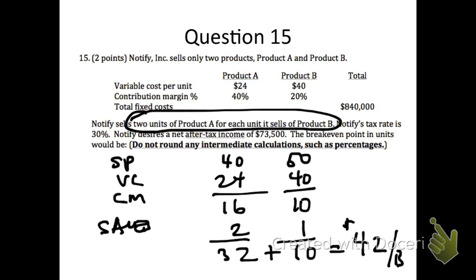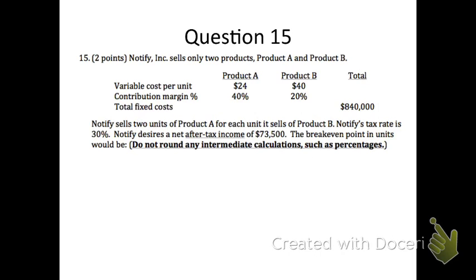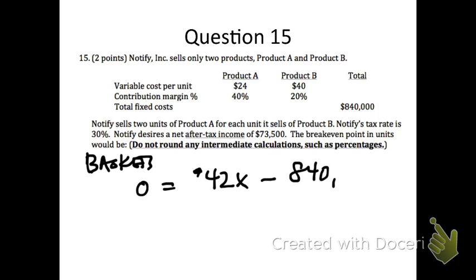Again, that's per basket. And so for baskets, we go 0, which is break even, equals our $42 per basket minus our fixed cost. So how many baskets do we need?